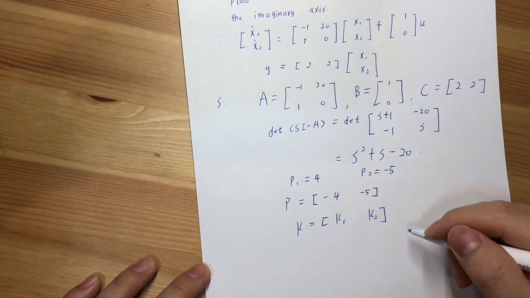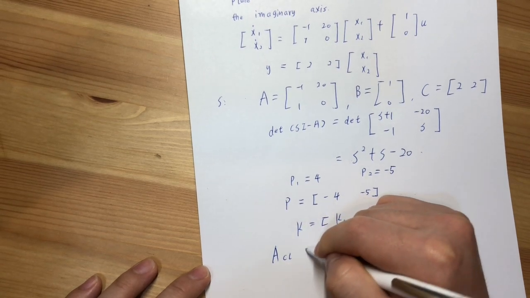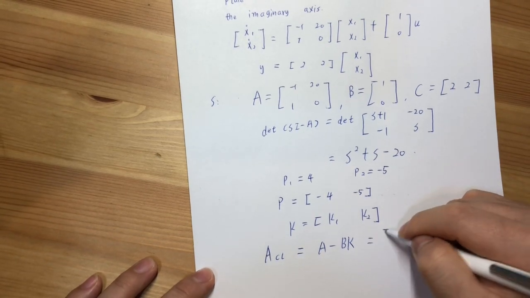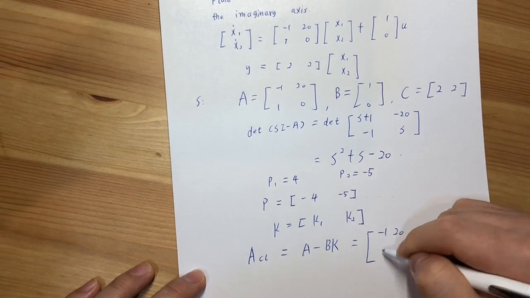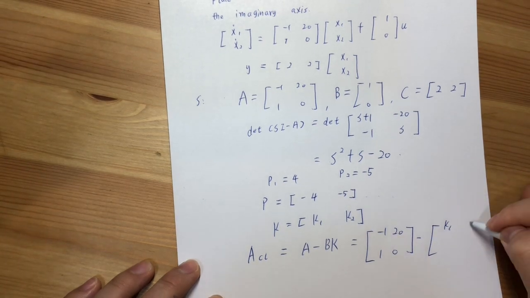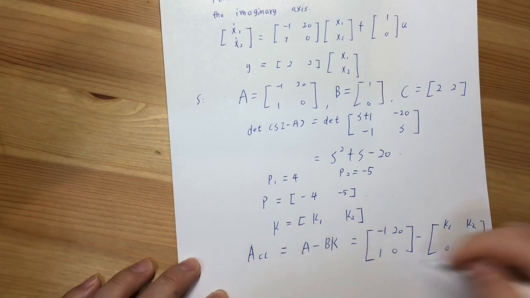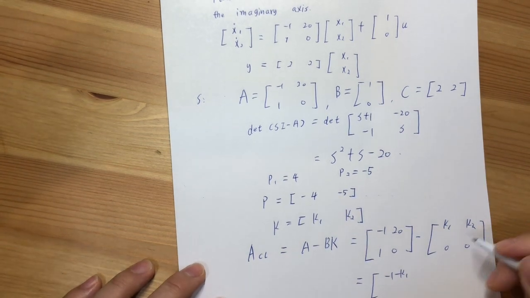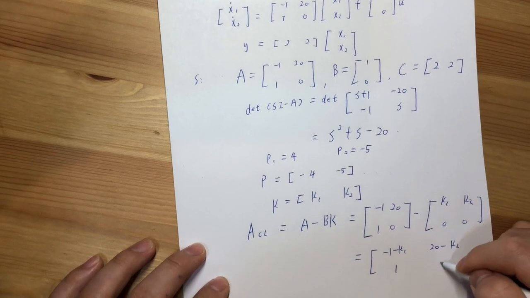And then the closed loop controlled system can be written as A minus BK, equal to [-1, 20; 1, 0] minus [k1, k2; 0, 0], which is equal to [-1 minus k1, 20 minus k2; 1, 0].